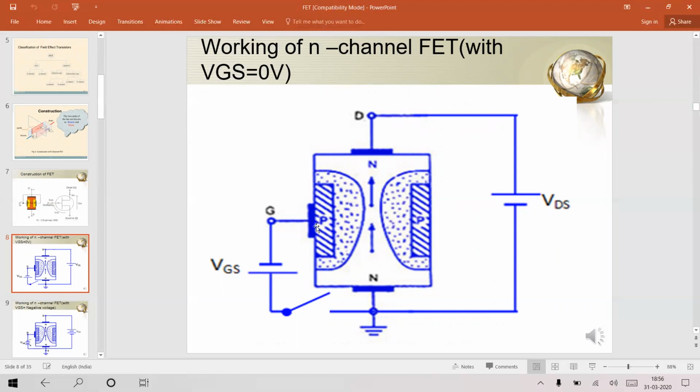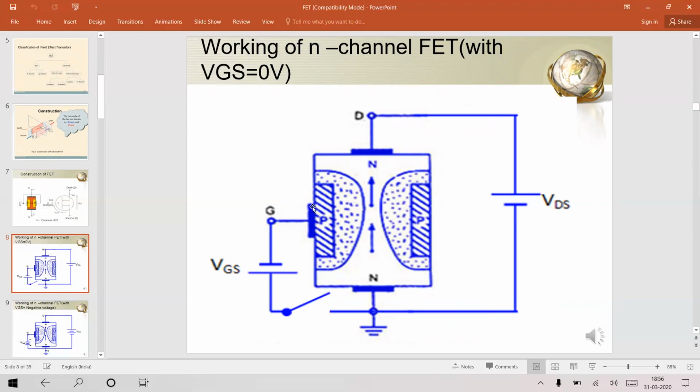I have taken the same structure, the N channel FET, and just connected the batteries. Two batteries, one between drain and source, another between gate and source. Source is common. With respect to source, I am applying the voltage at the input and at the output. I'll keep some voltage between drain and source, and in the beginning I will keep VGS at 0.